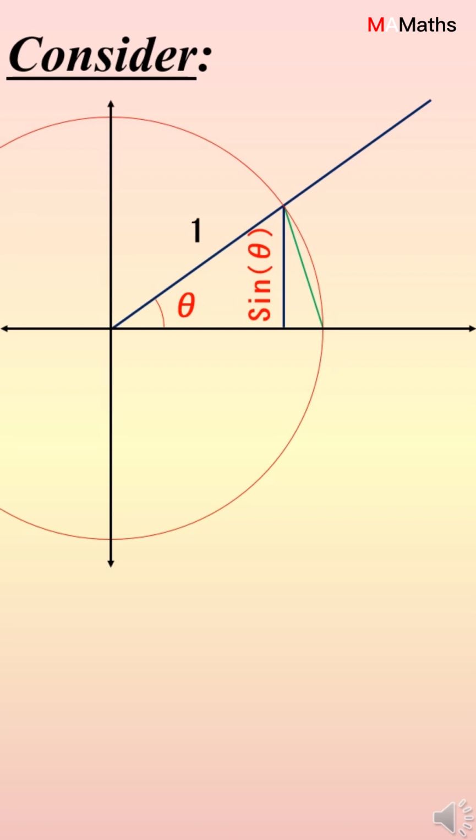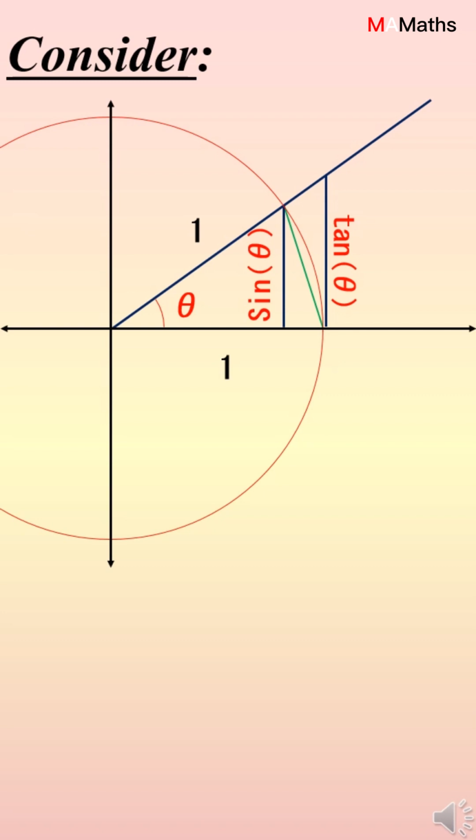If we construct a larger triangle that goes outside the circle by dropping down a blue line from the blue radial line down to the positive x-axis where it intersects with the circumference of the circle, what is the length of that? We know that the base of that triangle is equal to 1. So the opposite side over the adjacent side is equal to opposite over 1. Opposite over adjacent is tangent.